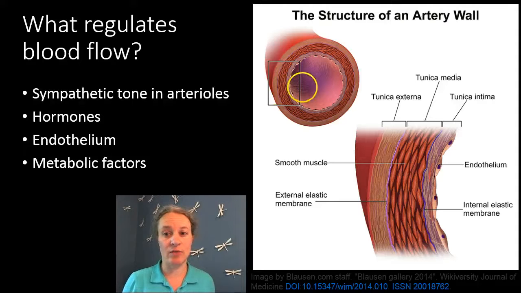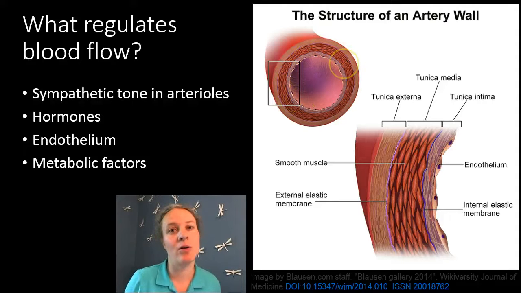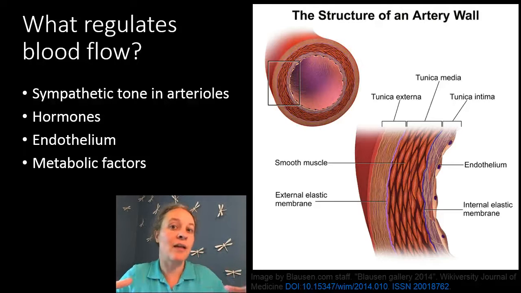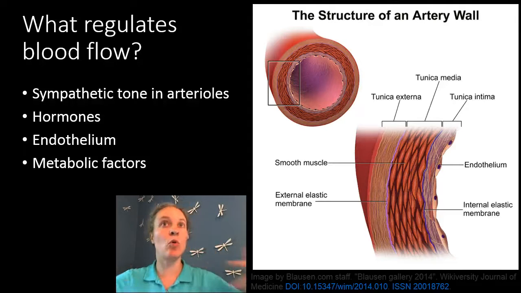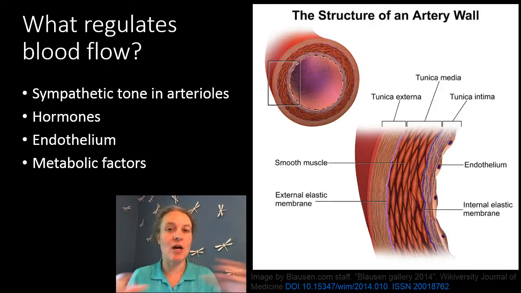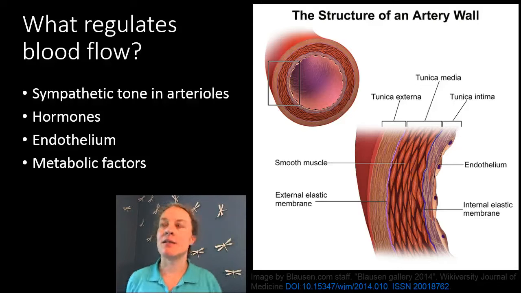And those metabolic factors can actually cause this particular arteriole to dilate. And what that does is it brings more blood flow. When this blood vessel gets wider and opens up, more blood comes to the area because the skeletal muscles are like, hey, somebody bring us more oxygen and get rid of all this waste product. Okay, so the metabolic factors can actually change blood flow as well.